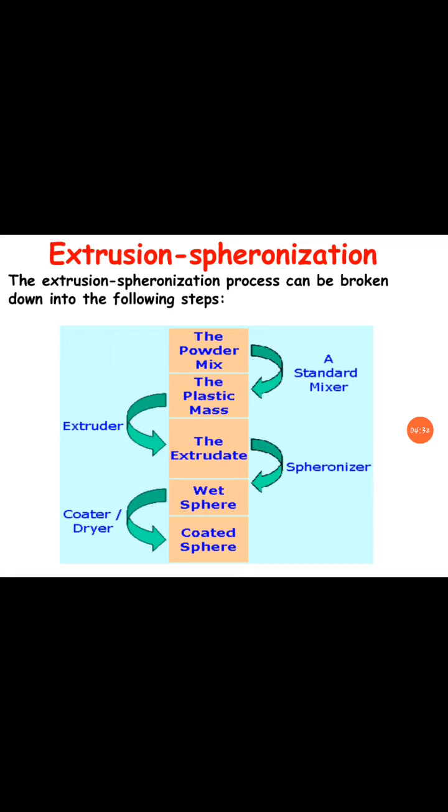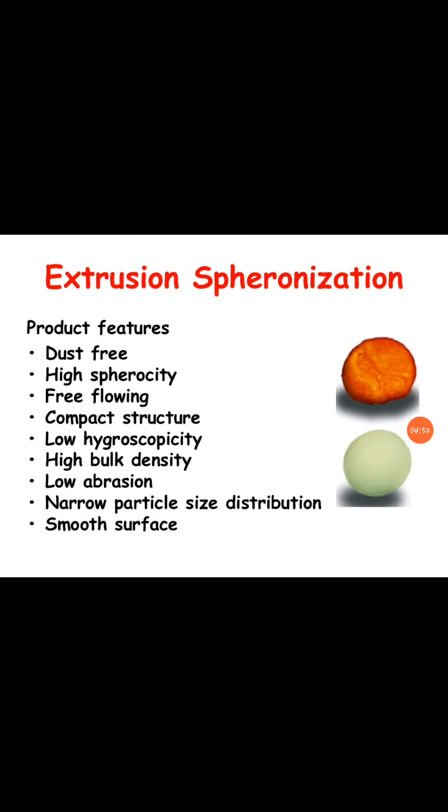Using an extruder you get the extruded product, which is then spheronized using a spheronizer to get the wet spheres. It is then dried to get the dried pellets.